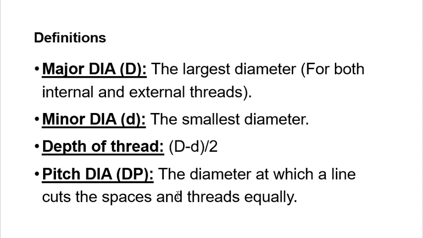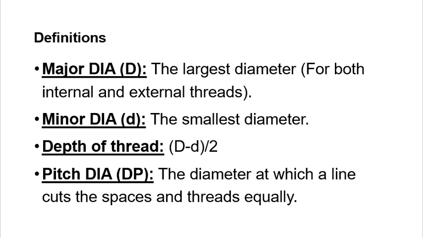And then pitch diameter is dp. That's the diameter and that's the pitch, so therefore we call it pitch diameter. Pitch is a little bit difficult to see, but it's just a diameter that cuts your space and threads equally.